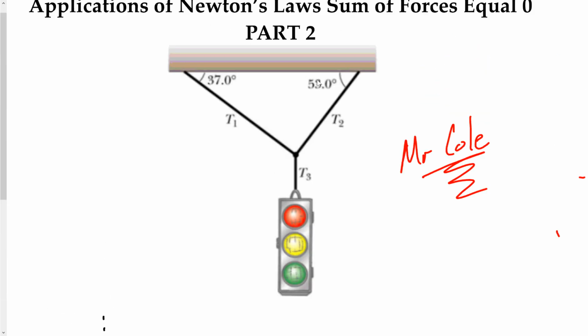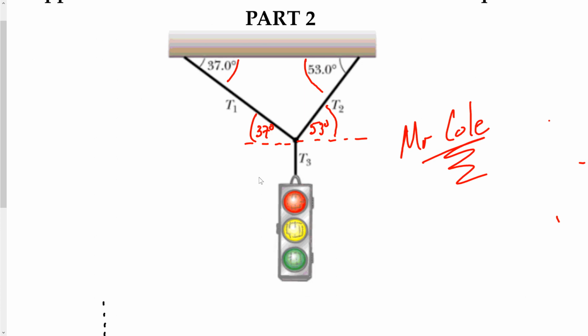Hopefully you got this: if this angle up here is 53 degrees, then this angle is 53 as well. And likewise, on the other side, if that angle up here is 37, then this angle is also 37. And again, the problem defined it.